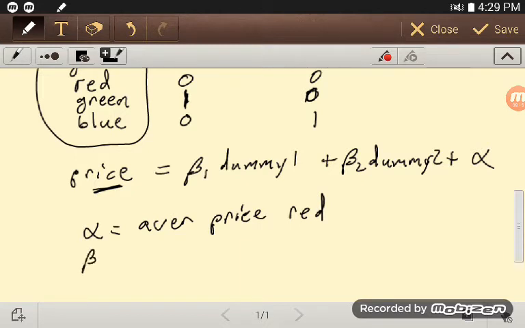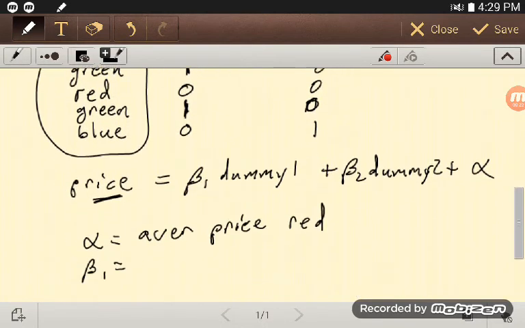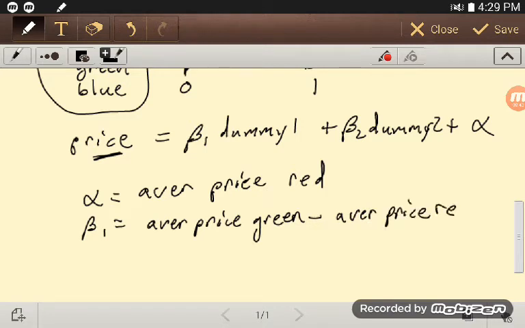And then beta 1 actually turns out to be the difference. And let's see, that was green. So it is the average price of the green minus the average price of the red.